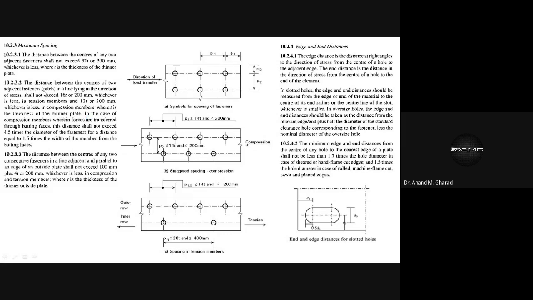Just try to understand the definition of this term pitch. According to the IS code, pitch is the center to center distance between two bolts which is parallel to the direction of the stresses developed, or in line with the stresses developed.